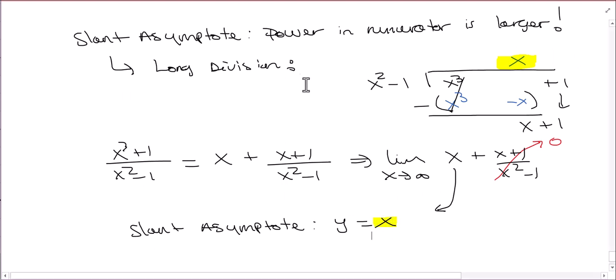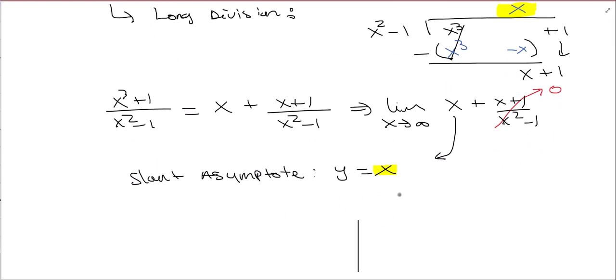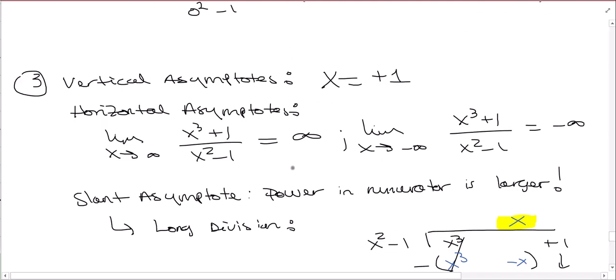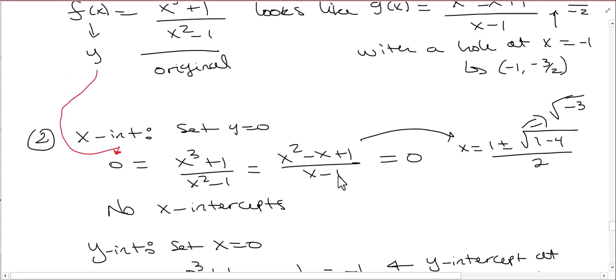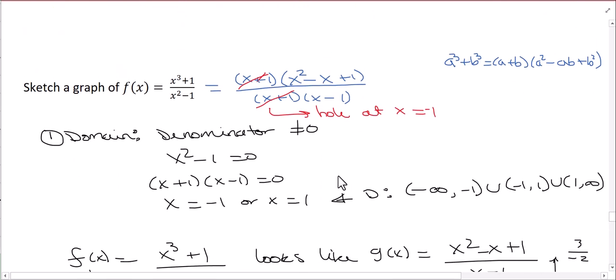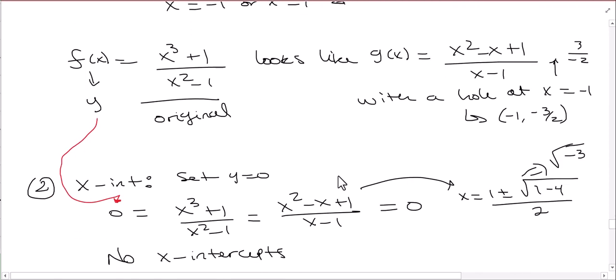So let's see, can we already plot part of our graph? Let's see what we have so far. We know that we have a vertical asymptote at x equals positive 1. We have a hole at 0, negative 1. We have no x-intercept, and we have a y-intercept at negative 1.